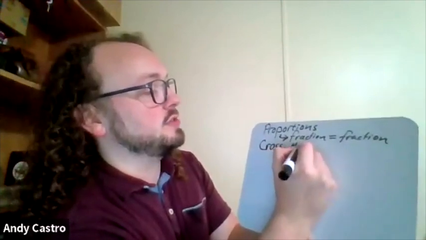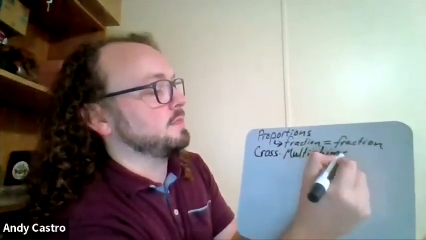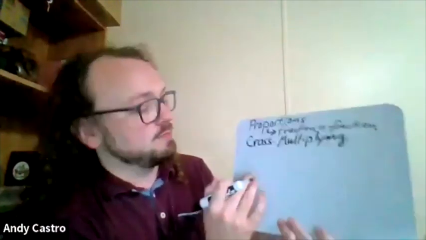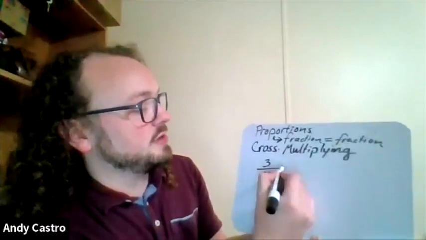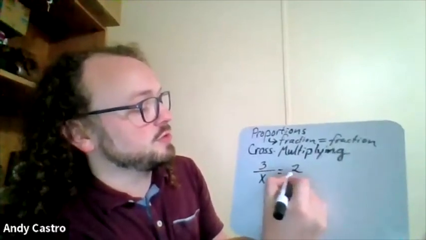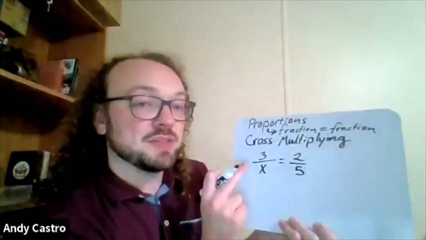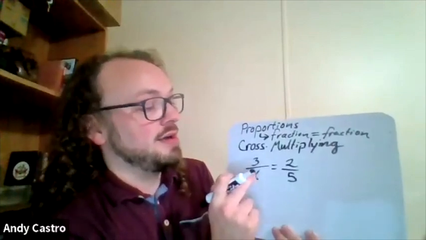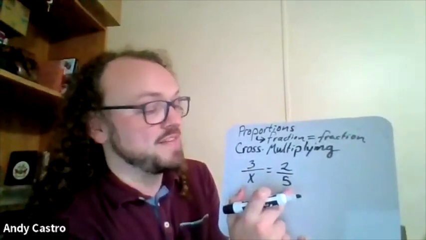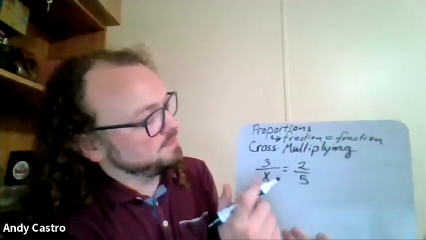It's cross multiplying. Right. So if I have 3 over x equals 2 over 5, I'm going to have to multiply by x to get it out of this denominator, and I'm going to have to multiply by 5 to get 5 out of that denominator.